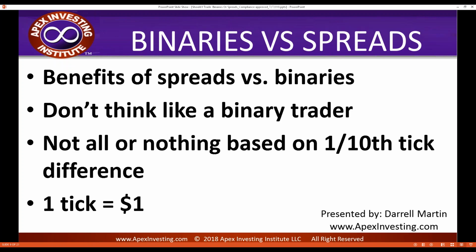Now let's talk about spreads a little bit. With spreads, you have to make sure to not think like a binary trader. It's not all or nothing based on 1/10 of a tick, right? The way spreads work is, they're $1 a tick based on where you get in and where you get out.